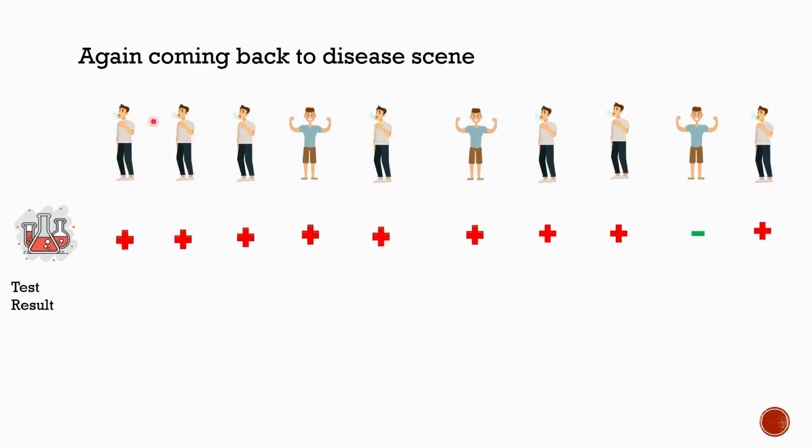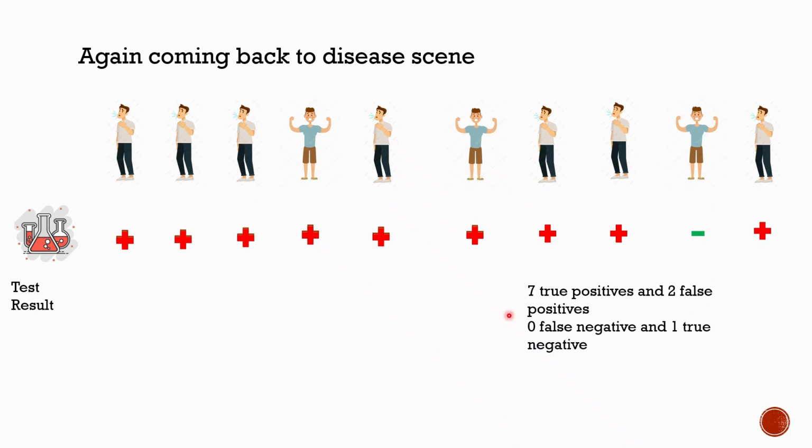Again, coming back to the disease example, in this population of 10 people, 7 actually have the disease and 3 are healthy. But our test came out as 9 having disease and 1 negative. So, a few values we can derive from this population. First one is true positive, that is 7. These patients truly had the disease and our test correctly identified them.